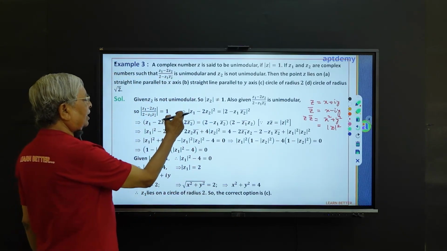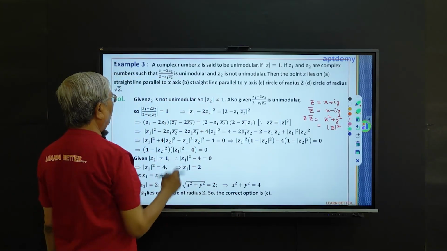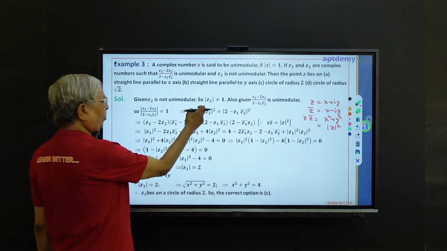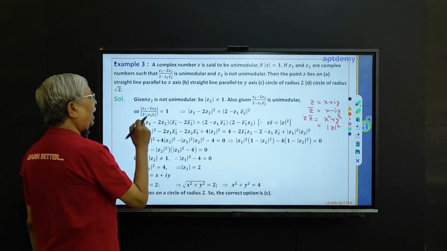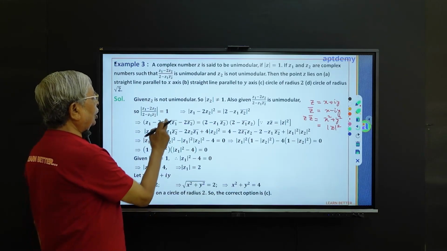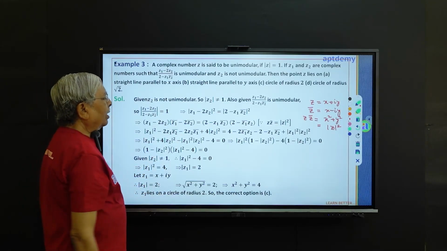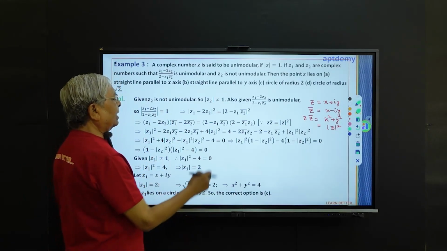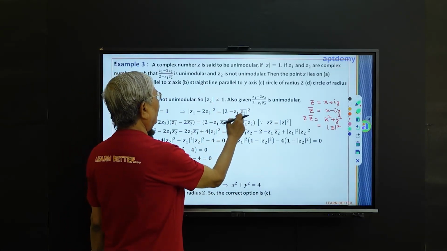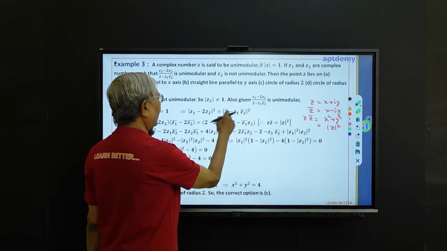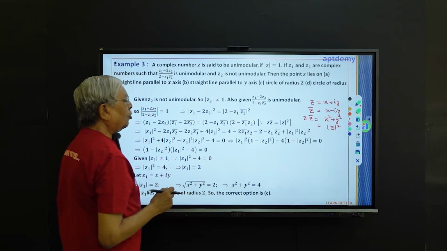So here (z1 minus 2z2) whole square means we take the complex number z1 minus 2z2 and its conjugate, that is z1 bar minus 2z2 bar, and similarly for 2 minus z1 z2 bar. This whole square means the complex number multiplied by its conjugate.